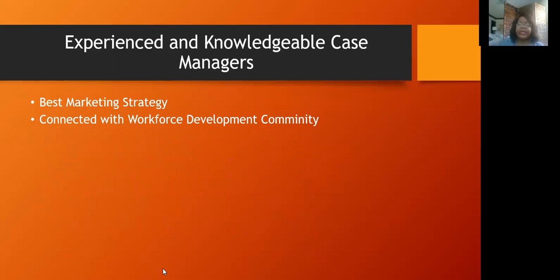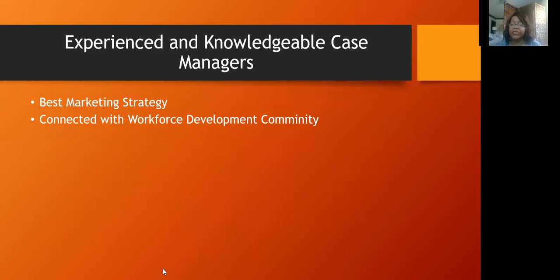And so again, if you have workforce development case managers who are relatively new, you want to make sure that they are working and finding what's available through your community and technical colleges, who often have many types of programs that they can tap into.